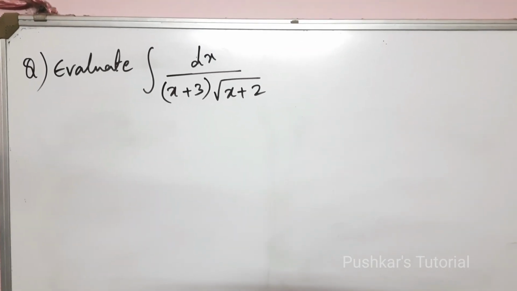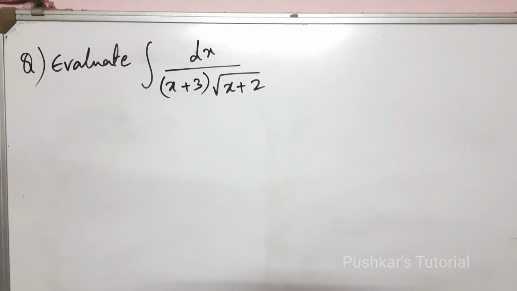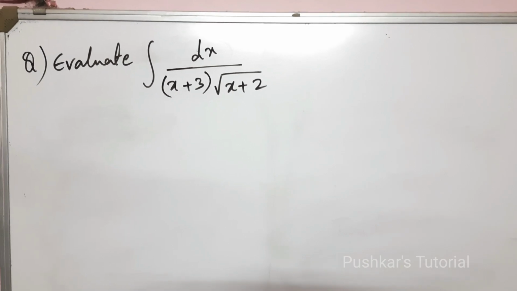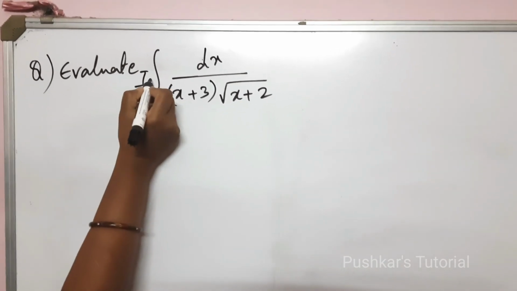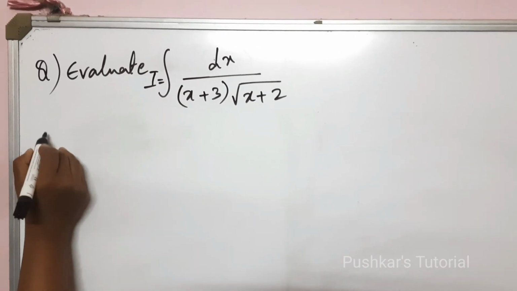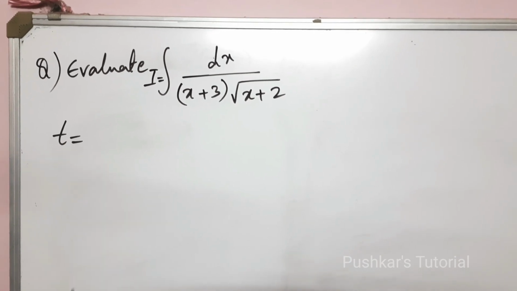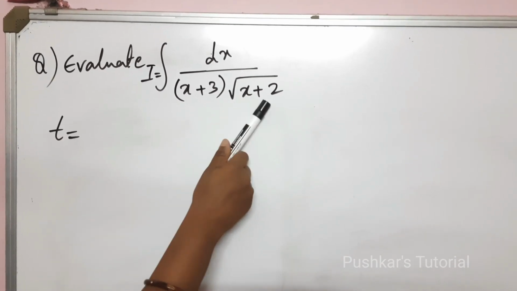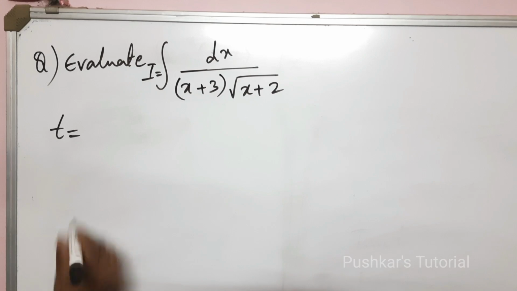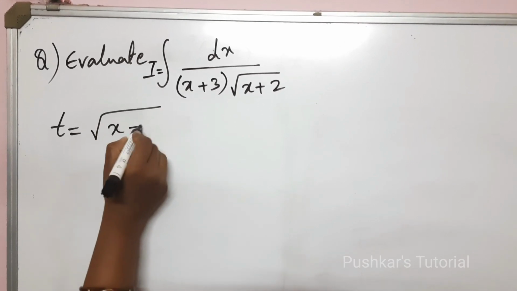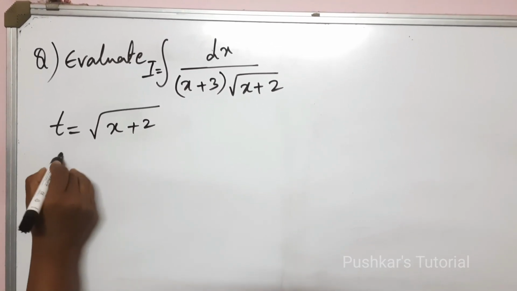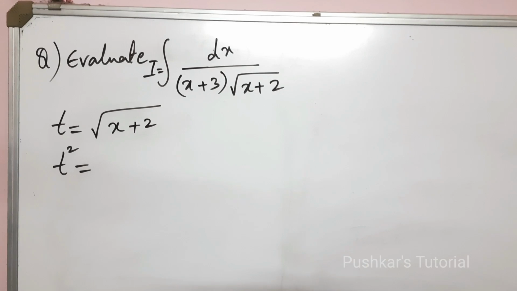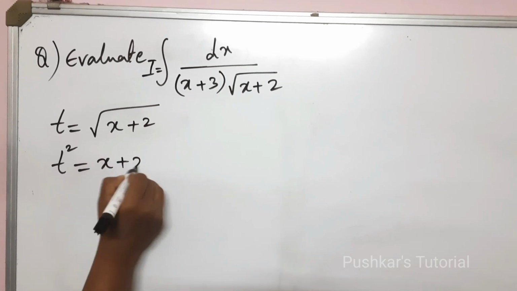Evaluate the integral of dx by (x + 3) under root of (x + 2). First we take the given expression as I. Here we have to substitute t = under root (x + 2), as compared to x + 3. So we take t = under root (x + 2). Squaring on both sides, it will be t². On the right side the square root cancels, simply x + 2.